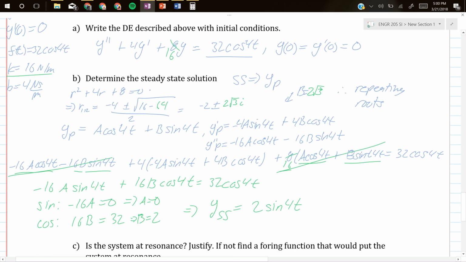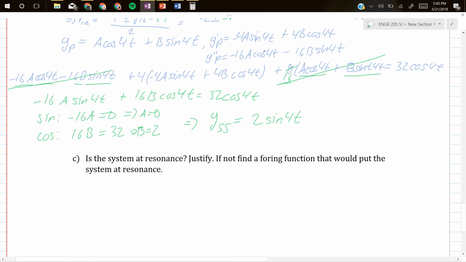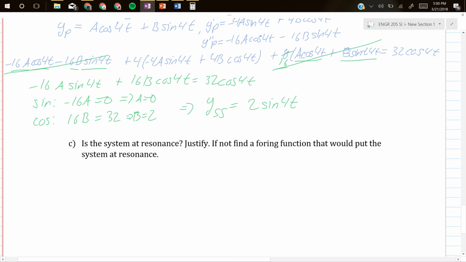So now, is the system at resonance? Justify. We need to solve for our resonant frequency, gamma r. I believe you need to memorize this, so make sure you remember this equation. Star, remember this.